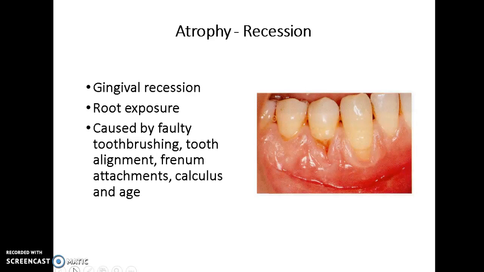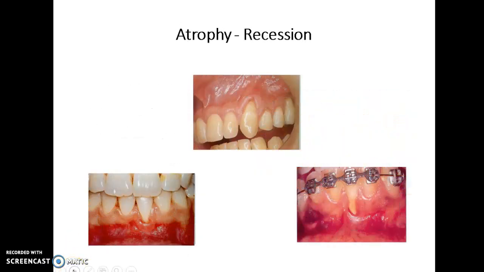If the tooth has an occlusal interference, it can push that tooth and cause it to bend a little bit, causing it to be moved out of the way and recede. Frenum attachments can also do this. Calculus buildups can cause recession, and as the person uses their teeth and ages, recession also happens.